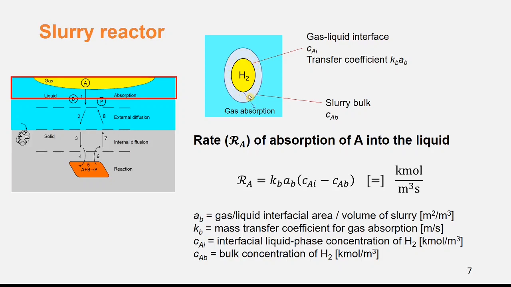We define capital RA as the rate of absorption into the liquid phase using the standard mass transfer law. The rate is the mass transfer coefficient for gas absorption, Kb, multiplied by Ab, which is the gas-liquid interfacial area per unit volume of the slurry. And finally, we multiply by the concentration difference between the liquid at the interface and in the bulk liquid. So we have CAI minus CAB.